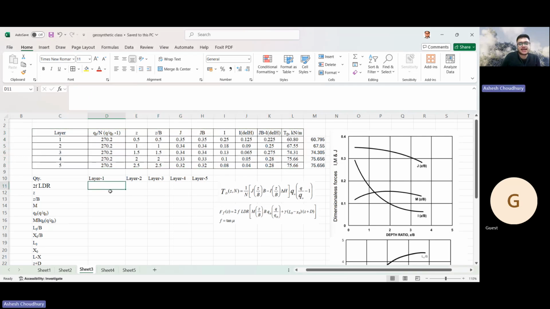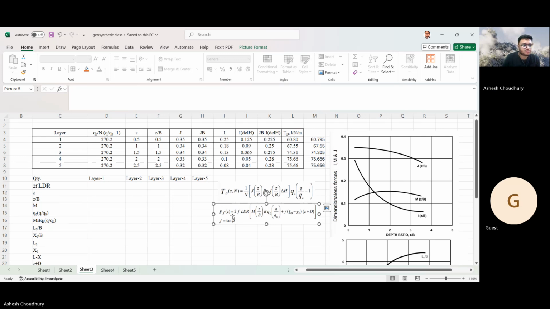Now my next target is to calculate the FF. How to calculate the FF? I need all these quantities.